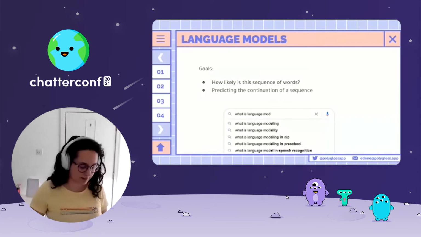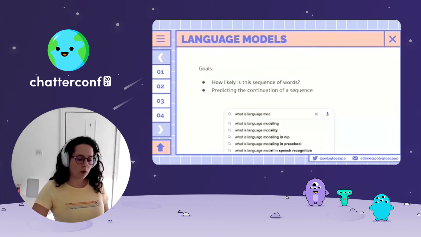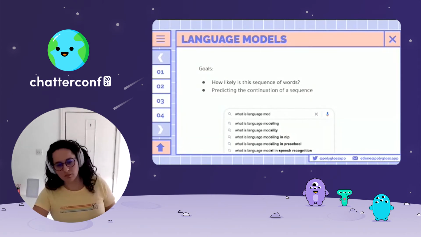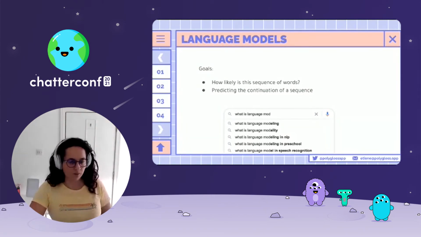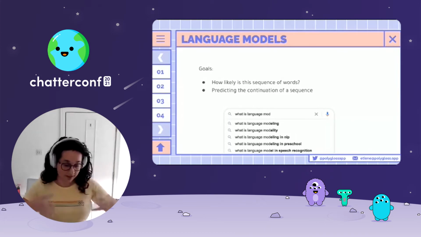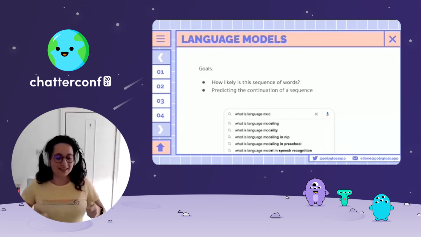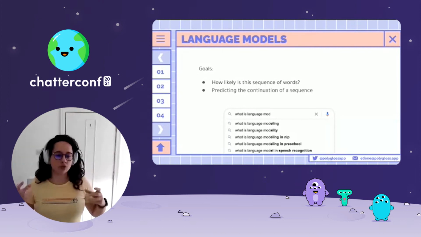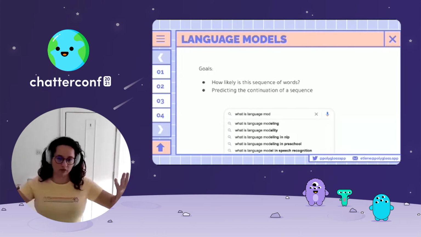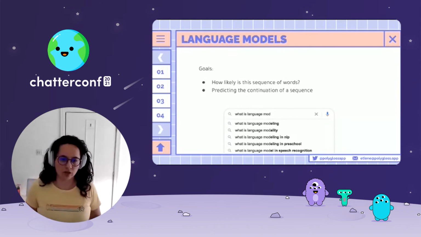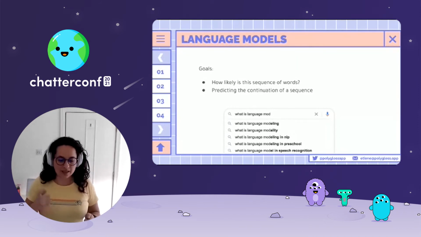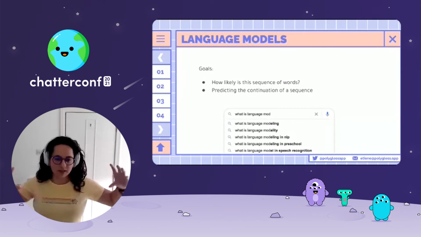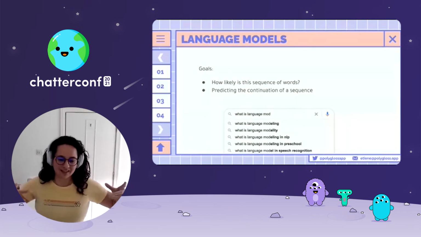One way is creating a language model. A language model is a statistical tool, right? It's a statistical model that simulates language. And the goal is to answer this one question. All it has to do is to answer this one question: how likely is a sequence of words? Like, what is the probability that this sequence of words exists in the real language?